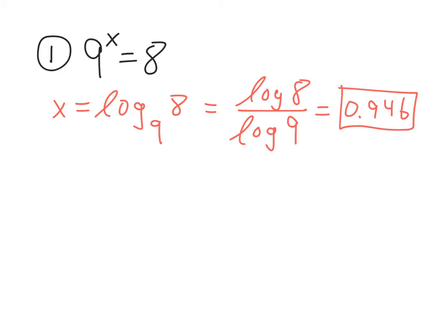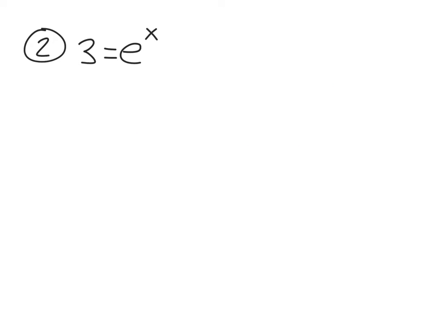Let's jump right into another example. In my second example for you, we have a base of e. What happens when you do a base of e is it's going to work the same way. We start with x. X is the exponent on e, we have a base e, that gives me 3. Now, there's another way to write log base e.